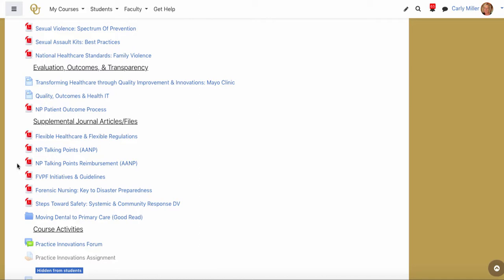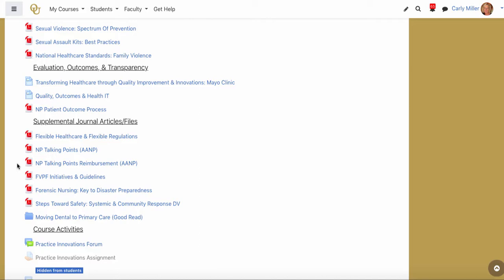Everything that you are advocating for or trying to implement, you have to basically have evidence to back it up. But these are just good, quick, concise documents that you can take a look at. And they're actually good documents to use for a policy analysis if you're doing that area. Same thing, the initiatives and guidelines, that one too. These are just good areas to think about for evidence-based practice.